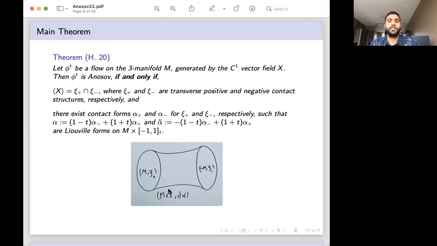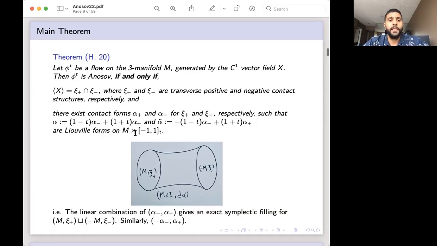Notice that C minus is a negative contact structure on M, which makes it a positive contact structure on minus M, by which I mean M with reverse orientation. So if I can choose alpha plus and alpha minus on these two boundary components in a way that this linear interpolation, the extension inside this 4-manifold, is a Liouville form, then I can use that to get Anosovity of the flow.